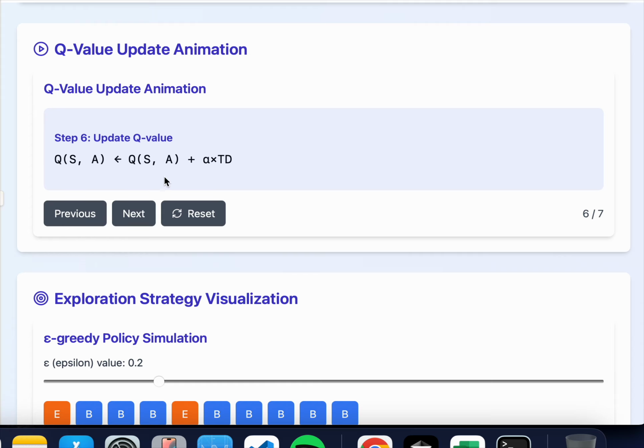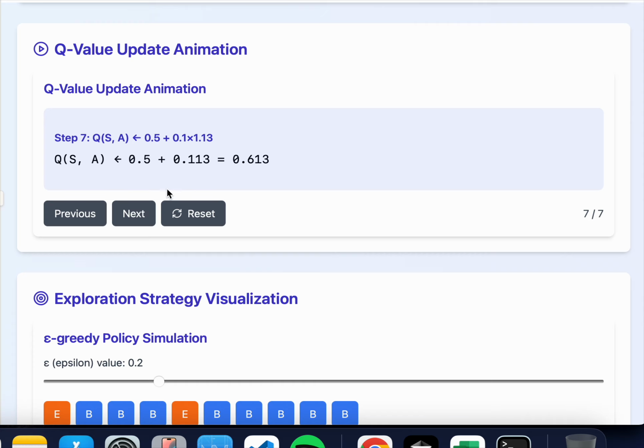And here, update Q value. We take that TD error and scale it by alpha, which is our learning rate, and here alpha is 0.1.